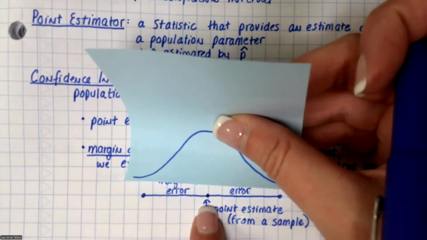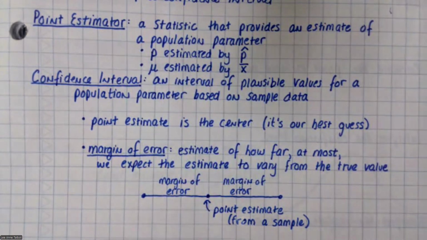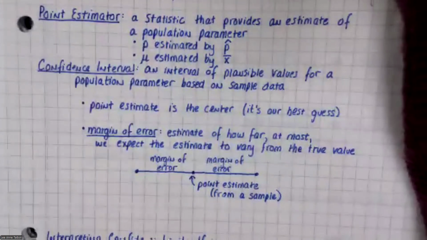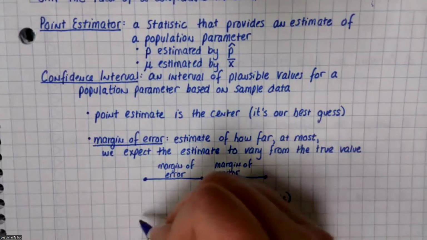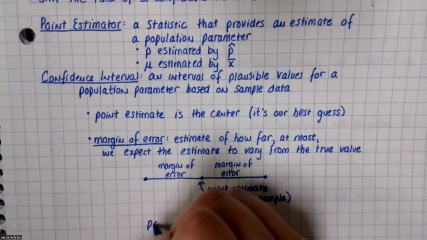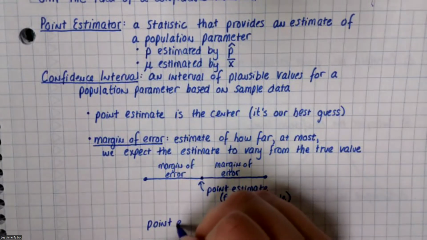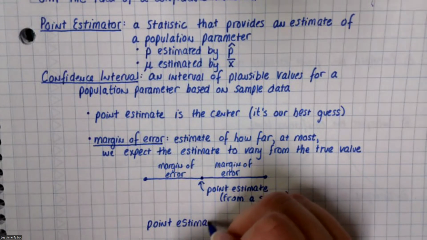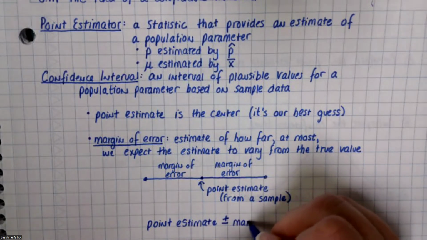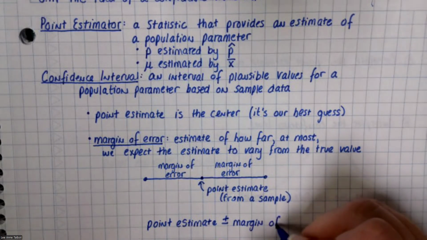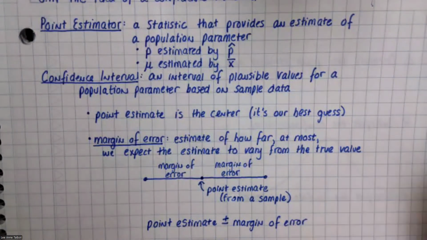Dot plot, anything. Okay, now for algebra's sake, because we're going to do math, we write a formula for this, which is point estimate plus or minus margin of error.